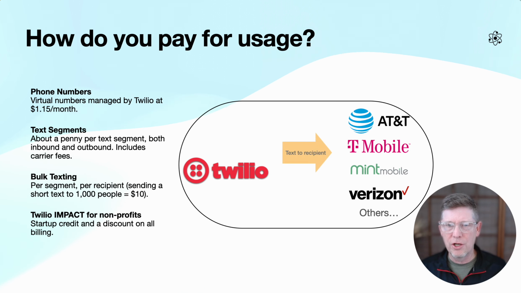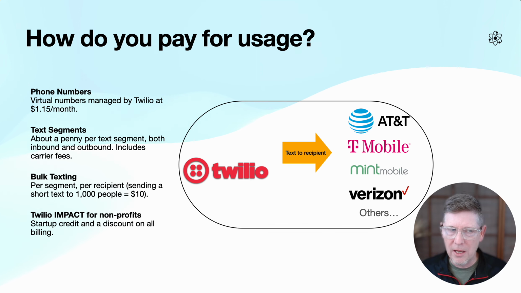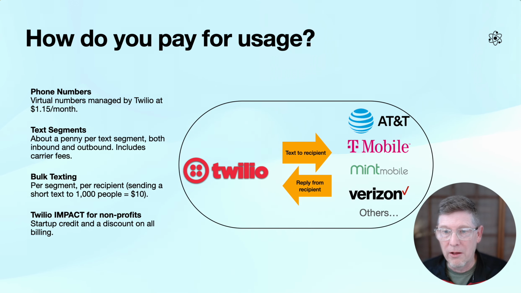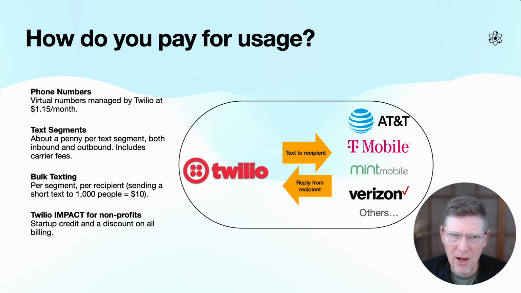Now, in addition to paying for the integration with Salesforce, you'll need to pay for the usage. And this is a variable cost based on how many phone numbers you have and how much texting you do. So this is a fee that you'll pay for all of the texting that you do. And so what's involved here are the API fees for Twilio, as well as the carrier fees for receiving and sending those texts out.